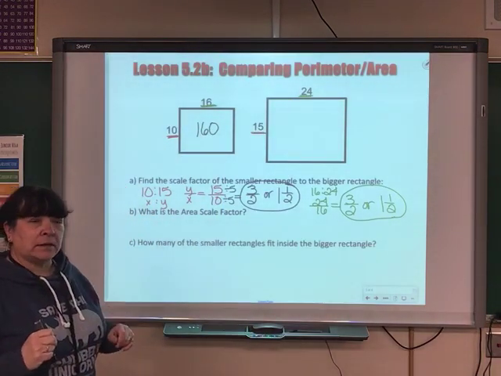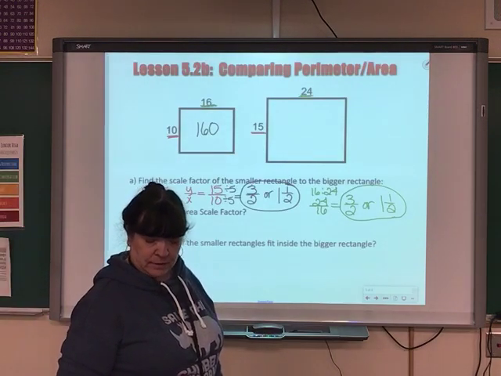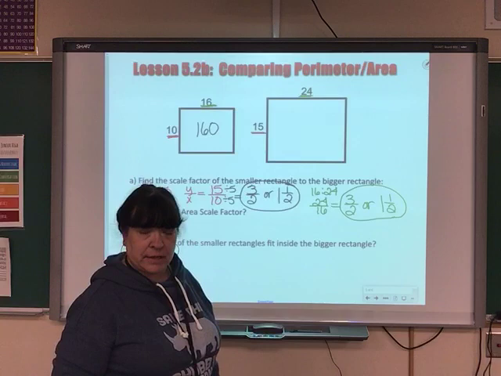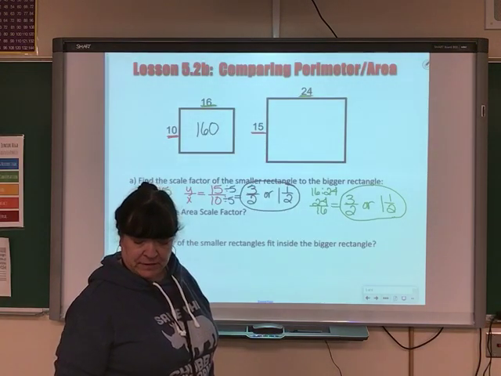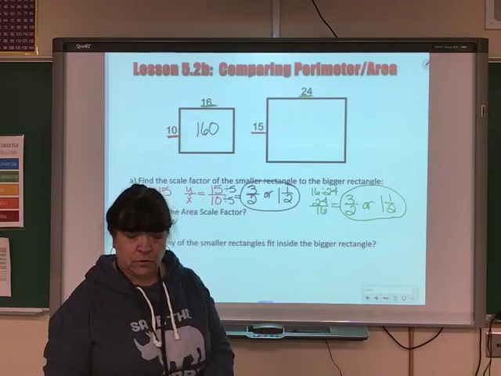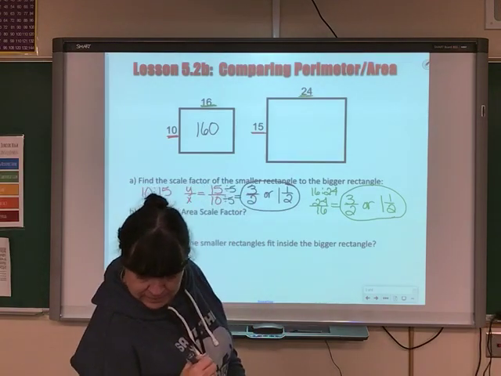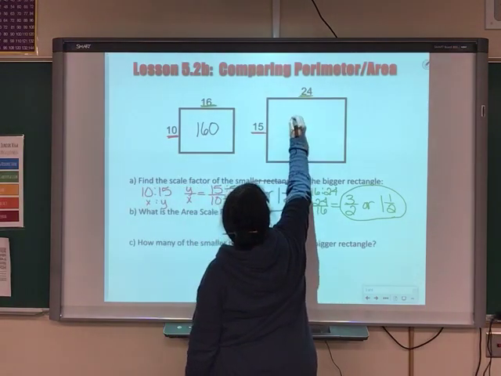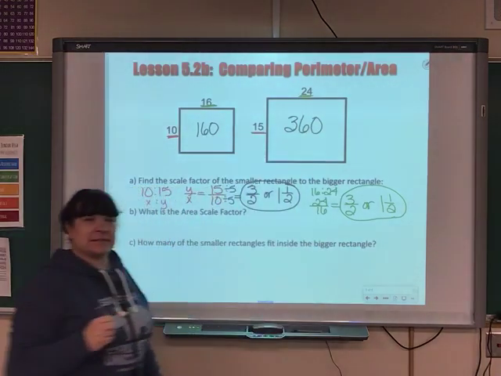Our other one is 15 by 24. Now for that, you might need to get out a calculator and multiply 15 times 24. When you do, you end up getting 360.